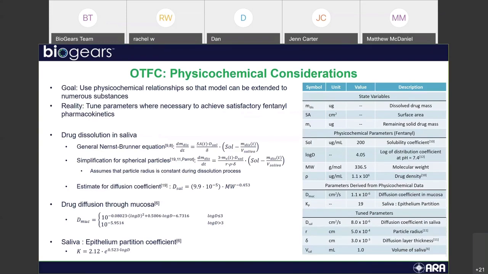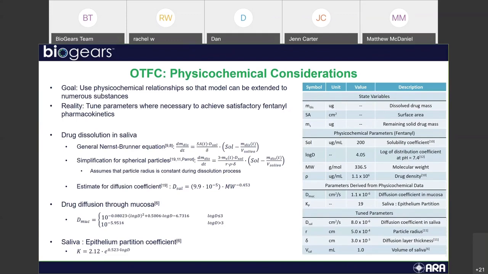The diffusion equation is a pretty well-known equation, but in terms of how the drug dissolves in the saliva, we use the Nernst-Brunner equation that basically says that the rate of dissolving is dependent on the solubility of the drug, the size of the drug particles, and various physical constants like diffusion rate, particle radius, etc. And this, of course, assumes that our particle is spherical in general, and that its radius is constant during the dissolution process. So some assumptions there, but it gives a decent time profile.